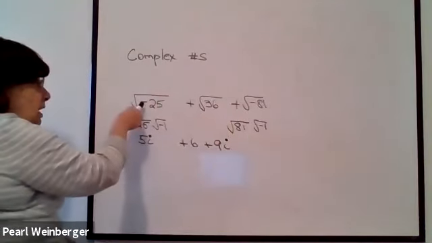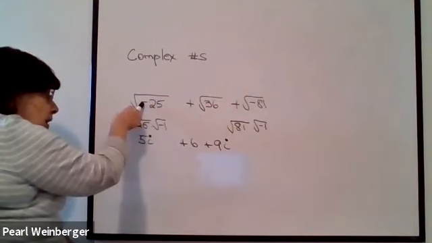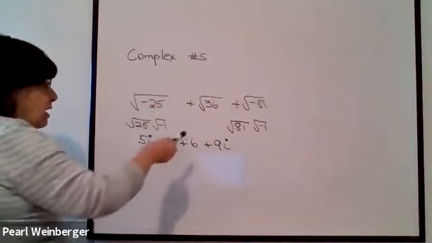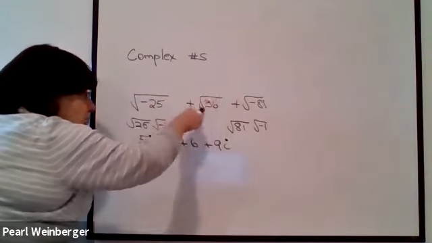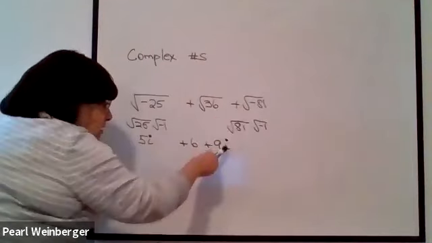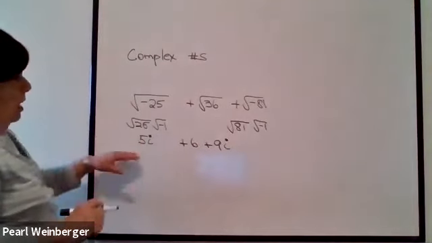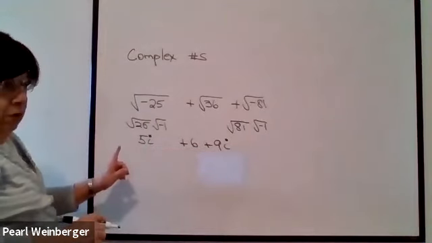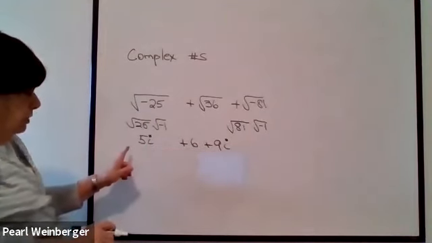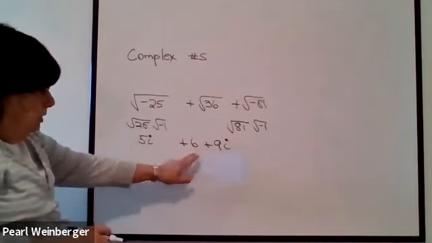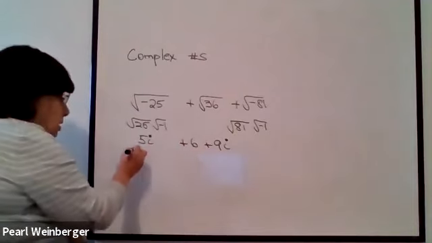So anytime I had a negative inside the radical, it translated to a number with an i. If there's no negative inside my radical, it becomes a regular number. And we just follow the regular rules of arithmetic, where we first look for all the real numbers, and there's only 6.